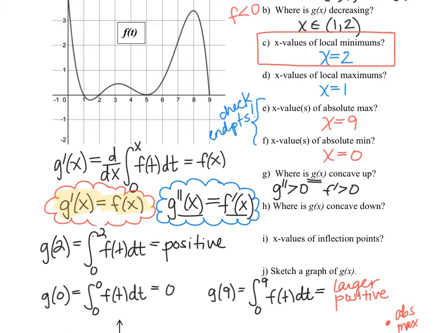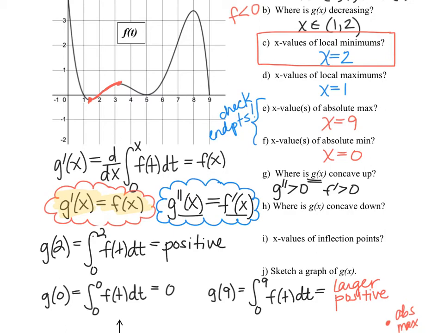It looks like we have a positive slope from approximately maybe 1.5, you might estimate that. This little stretch of the graph, from 1.5 to a little bit past 3, is where we have a positive slope. So that means that the graph of g would be concave up from about 1.5 to about, I'll call it, 3.2.